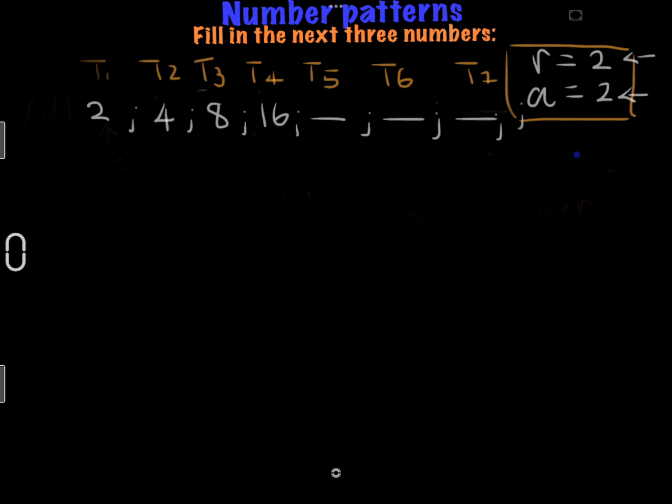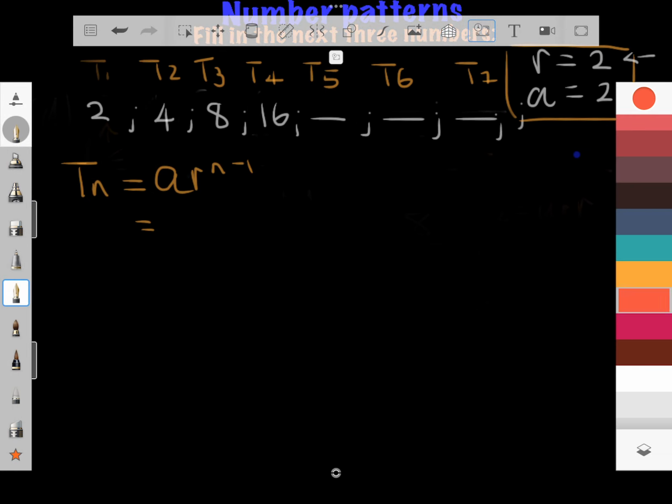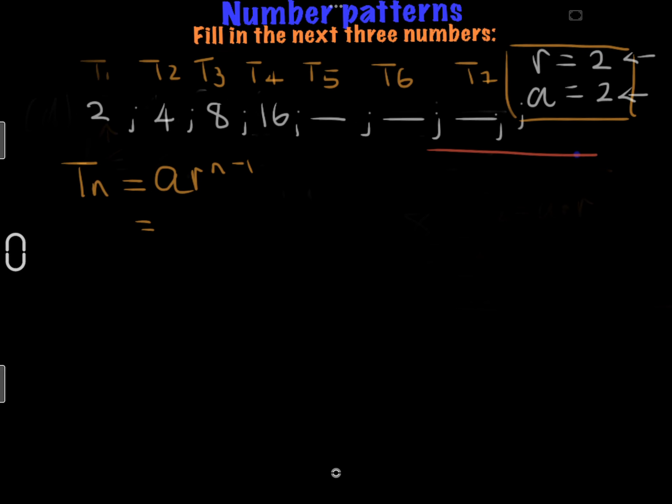Now, to find the fifth term, sixth term, and seventh term, we're going to simply devise a formula. To say Tn, like we did with the linear pattern, is equal to A multiplied by R to the power n minus 1. Now, in this case, let me add some notation on the side to help us understand what we mean by all of these variables here.